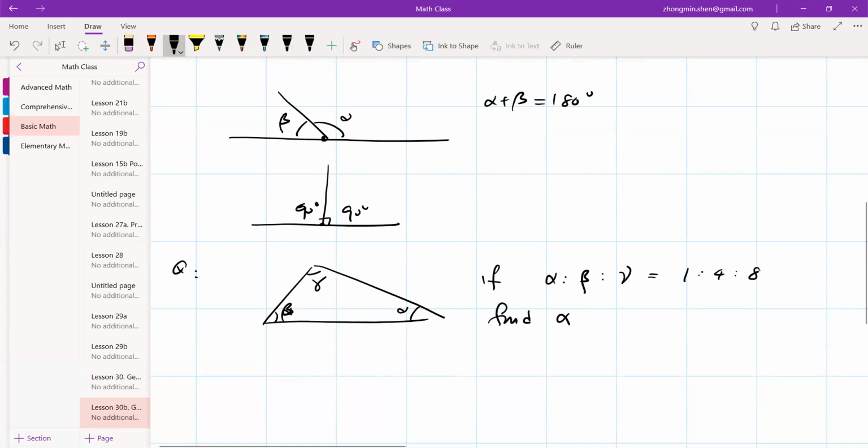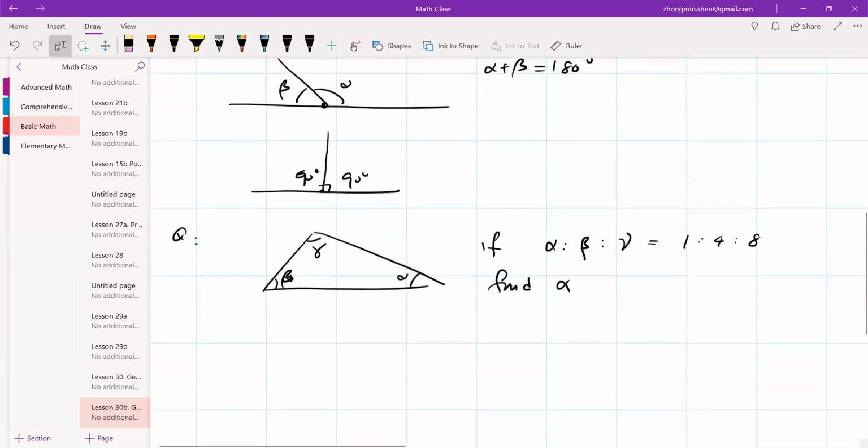To determine alpha, the best way to do it, if we see a ratio like that, is you express alpha as lambda, or whatever parameter you choose. Beta is going to be 4 lambda. Gamma is going to be 8 lambda. Then you see alpha to beta to gamma is 1 to 4 to 8 with the same lambda.